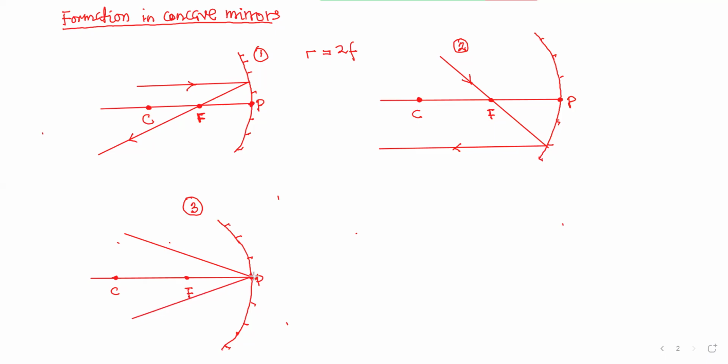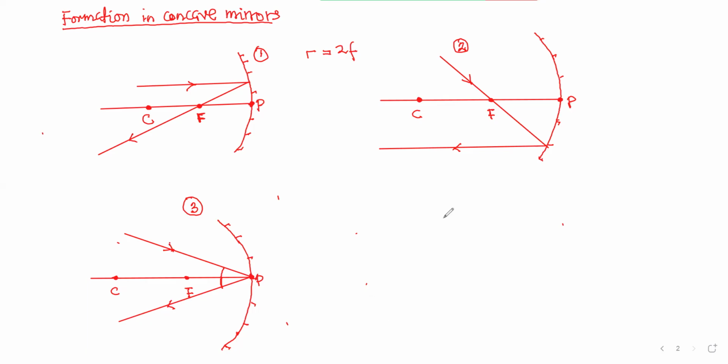Good. So you can even take your protractor to measure. So this angle here must be equal to the angle here. So incident, reflected.